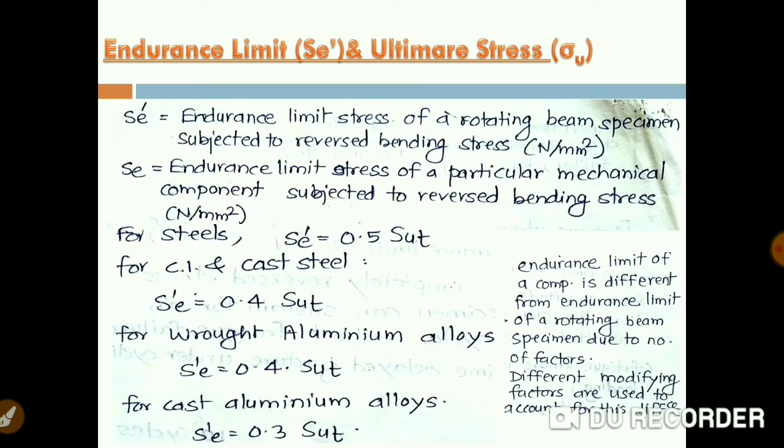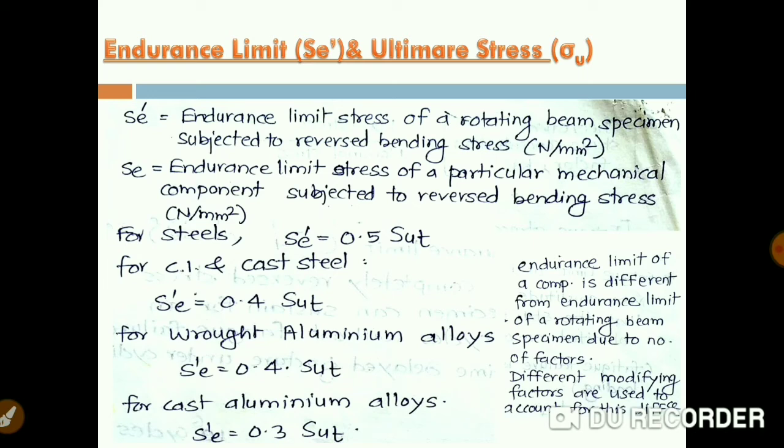Endurance limit of the specimen and endurance limit for the component. What is the relation between these, we will now find. Before finding that, we know that Se dash is the endurance limit for the beam specimen and Se is the endurance limit for the component.